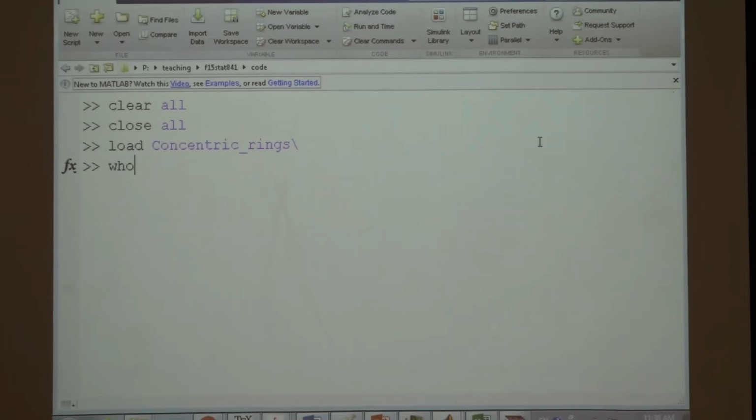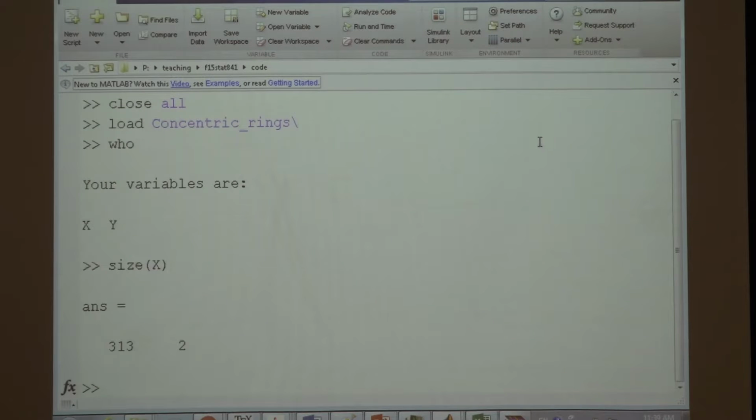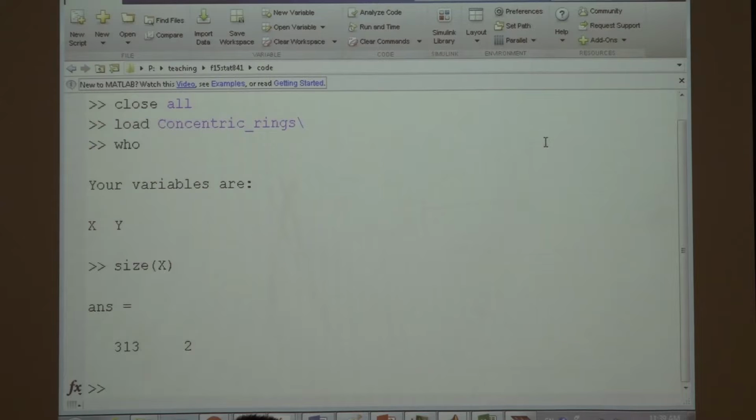Okay, I have just this data set here. If you look at the size of X, it's 313 by 2. It's two-dimensional data, and we have 313 of them.